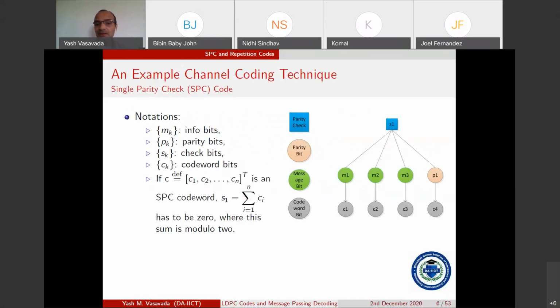Modulo 2 sum here is nothing but an XOR operation. That is correct. So this can be implemented using some logical gate, an XOR gate. In general, although we will be just looking at it as some type of summation here.